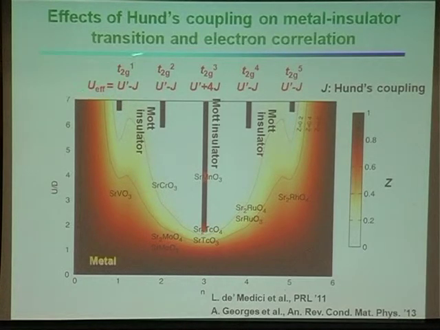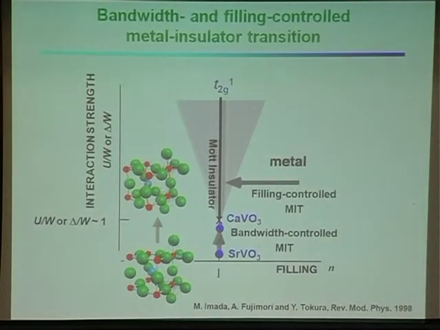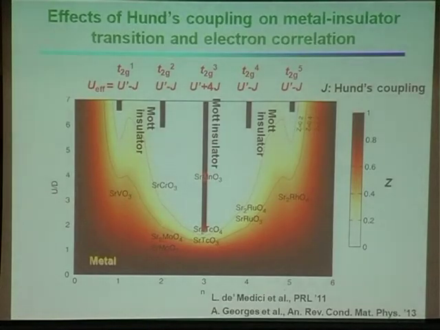So we have to take into account, as pointed out by Antoine Georges and his collaborators, that especially for half filling, the effective U, including Hund's coupling, becomes much bigger than the other one. So at half filling, the Mott insulating line is much more extended than this simple picture.